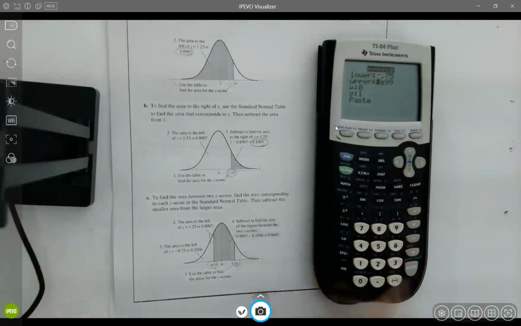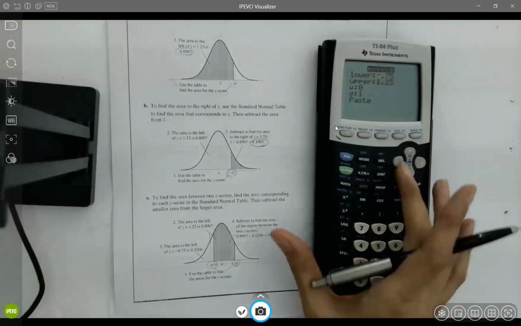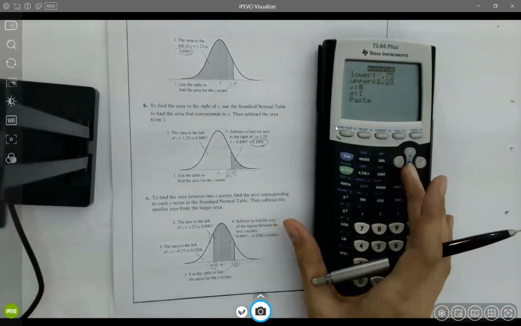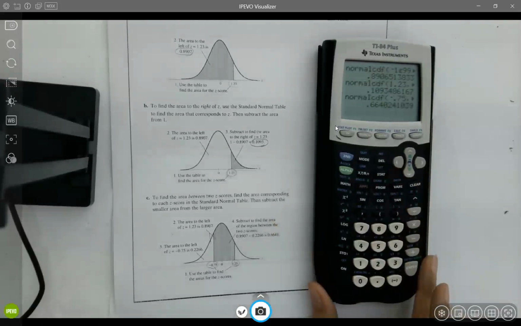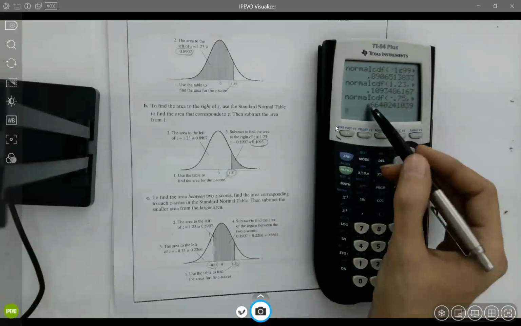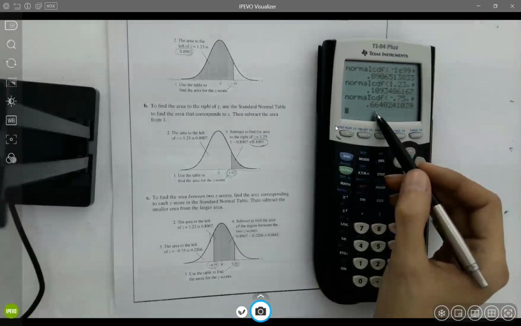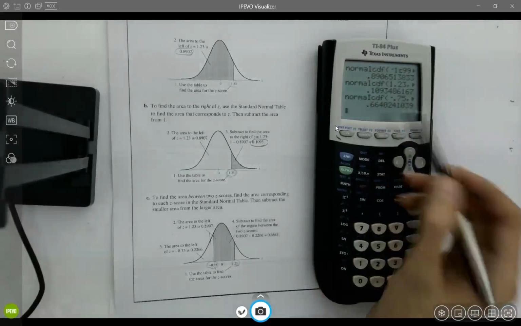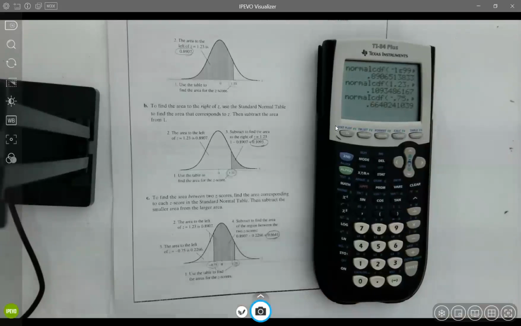Your upper limit is 1.23. Then the mean is 0, the standard deviation is 1, and we enter. The cumulative area between these two numbers is 0.6640. This is the area.